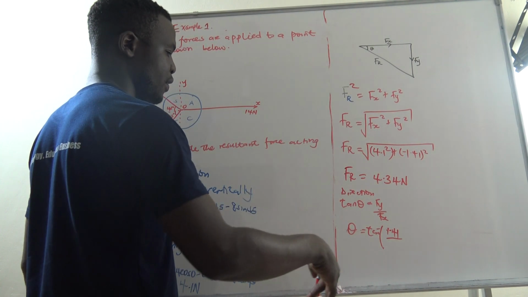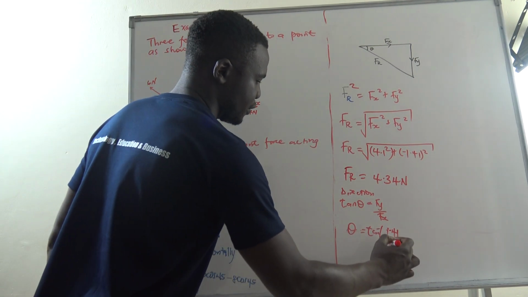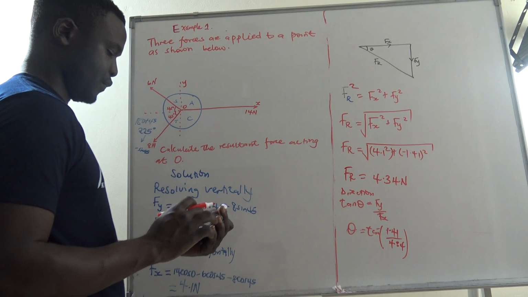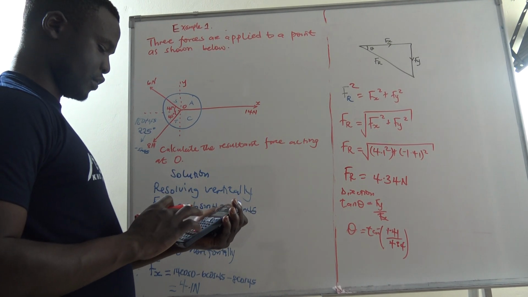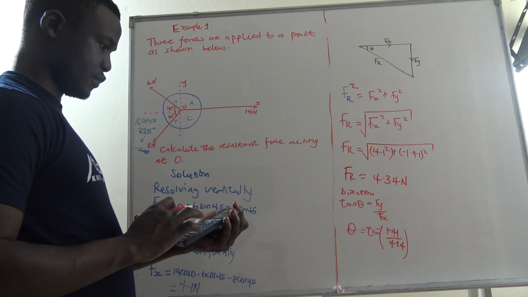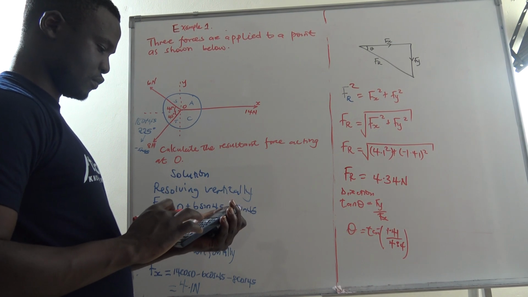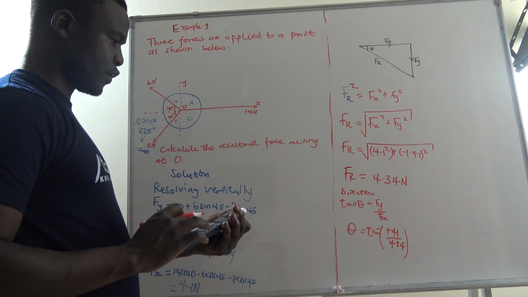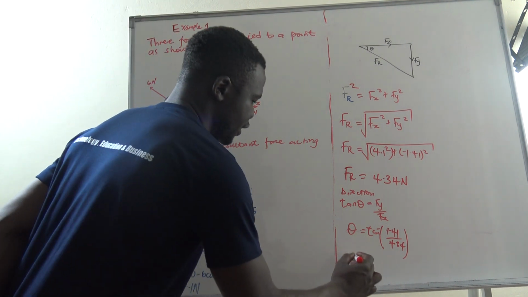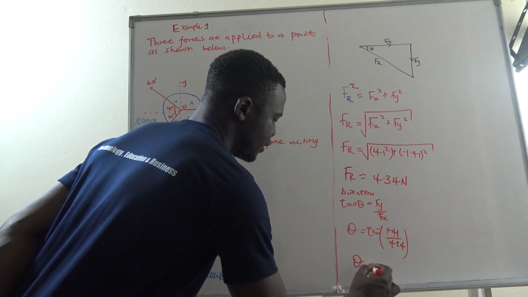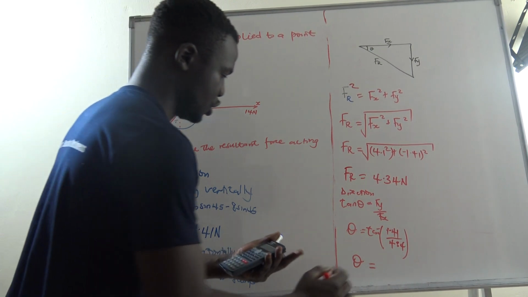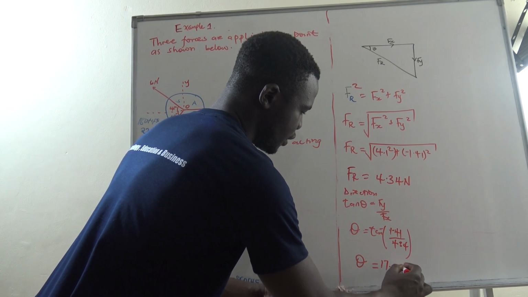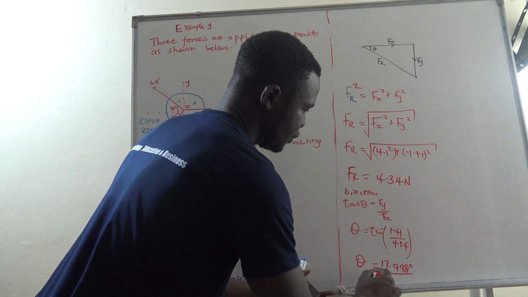Now since it is in the downward direction, we substitute in these values, and we see what it gives. So our tan inverse of that is 17.998 degrees.